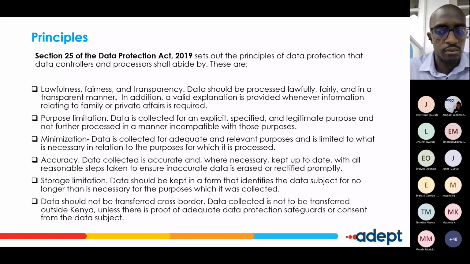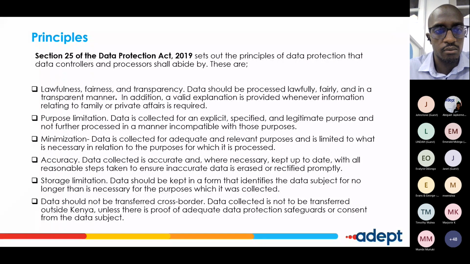Then there are various rights of data subjects to protect them. One is they have the right to be informed of the use, as to why that data is being collected. Two is the right to access their data. Three is the right to object to the processing of all or part of this personal data. Right to correction, right to deletion.